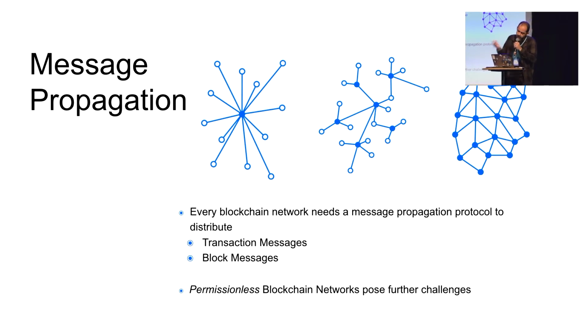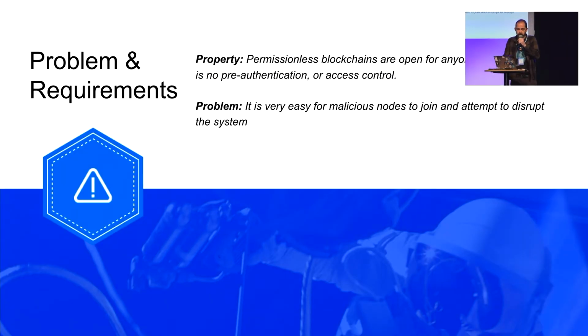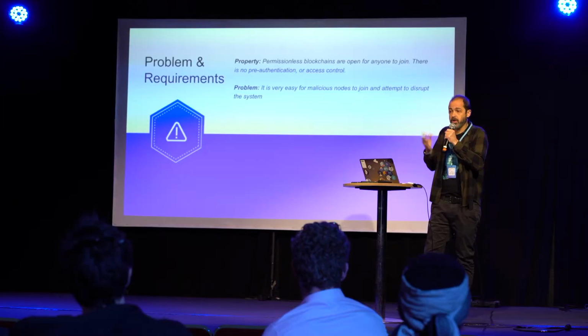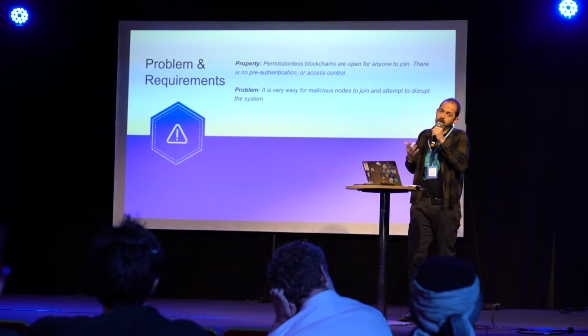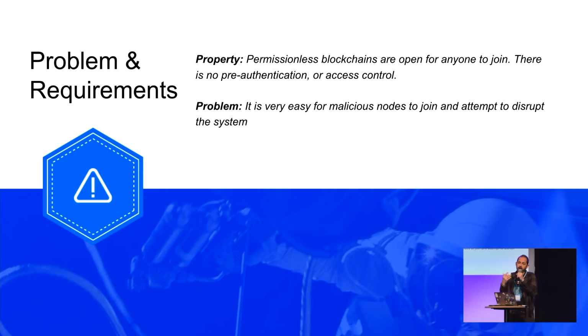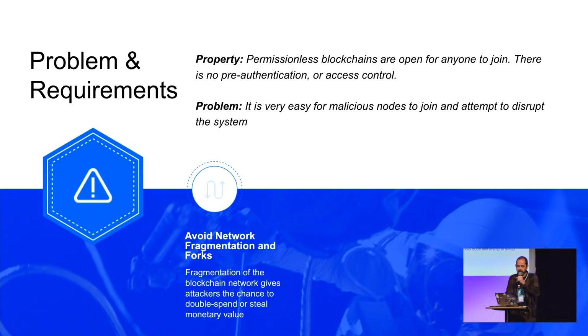As we also know, those networks are permissionless, which means that anyone can join, anyone can try to disrupt the operation of the network, and that directly means there is going to be some monetary value loss for the rest of the peers in the network. There are some targets for a pubsub protocol in such environments.